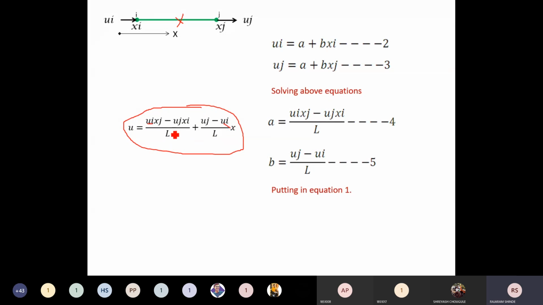Second term, x minus xi, that is the uj term. You see this uj term, and this one, that is uj into x. So x minus xi divided by L into uj.